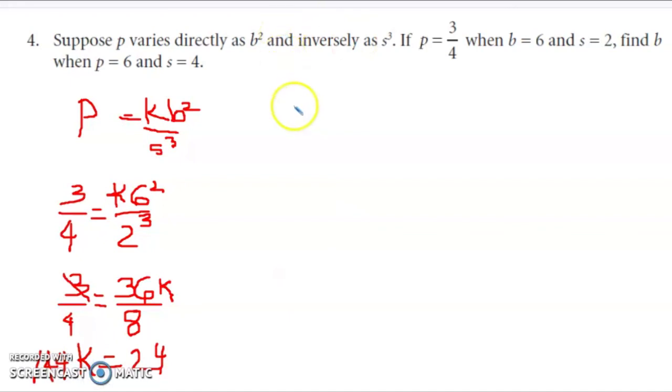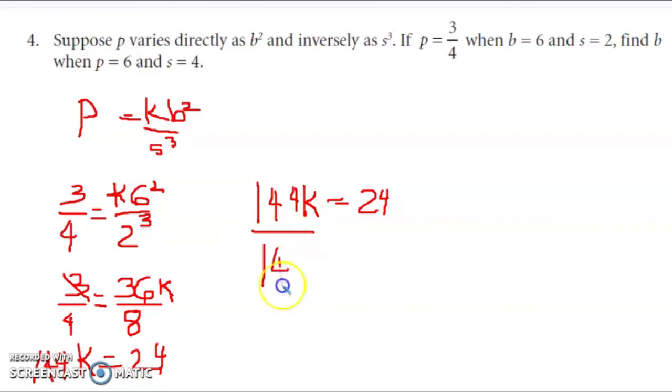So that is 144K. So let me rewrite that. So that would be 144K equals 24. So since we are solving for K, divide both sides by 144. So that is 1. So K now is equal to 24 over 144. So we simplify or we rewrite this. These are both divisible by 24. 24 divided by 24 is 1.